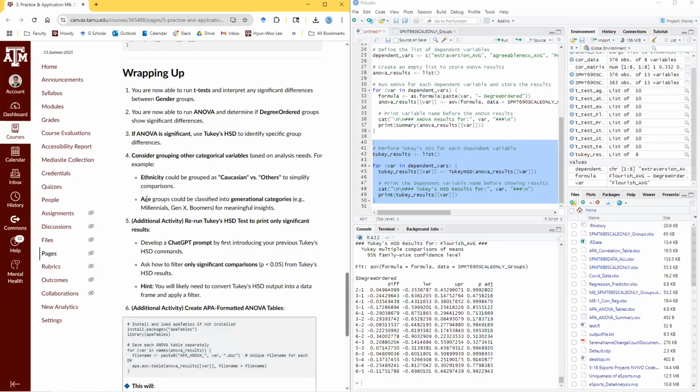Age is not a categorical variable. It is a continuous variable, right? So it doesn't need to be run as a t-test or an ANOVA. Running a correlation makes better sense.